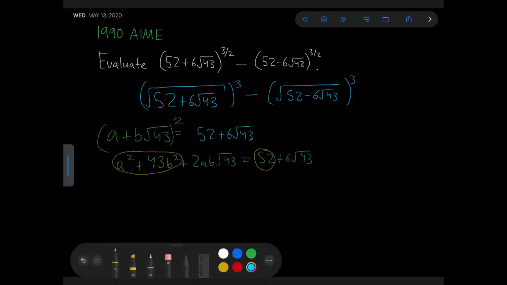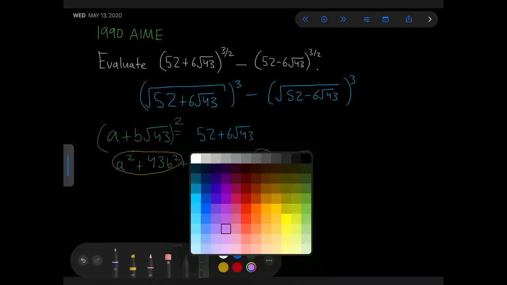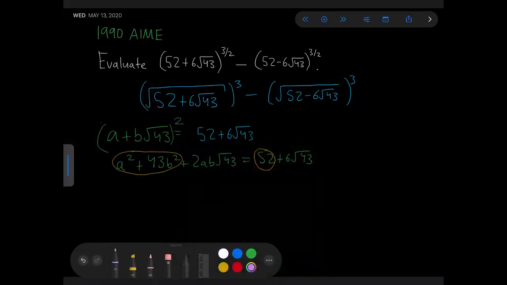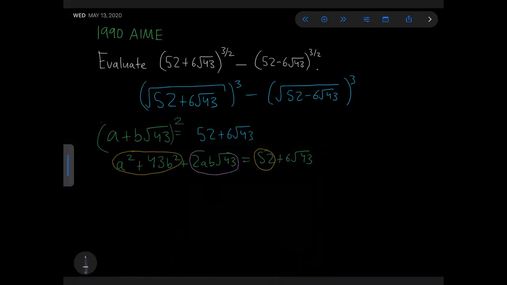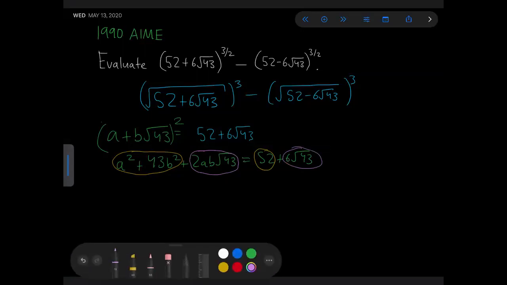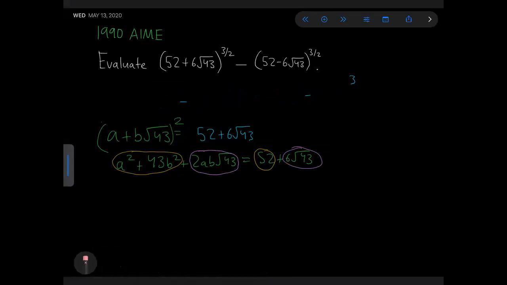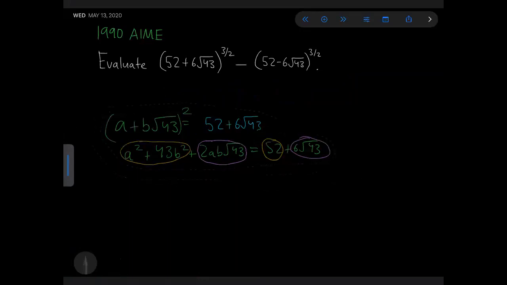Similarly, the 2ab root 43 must match up to the 6 root 43. So now we have two equations. I'm going to erase this and move it up a little bit further to create some more space so you can see it.